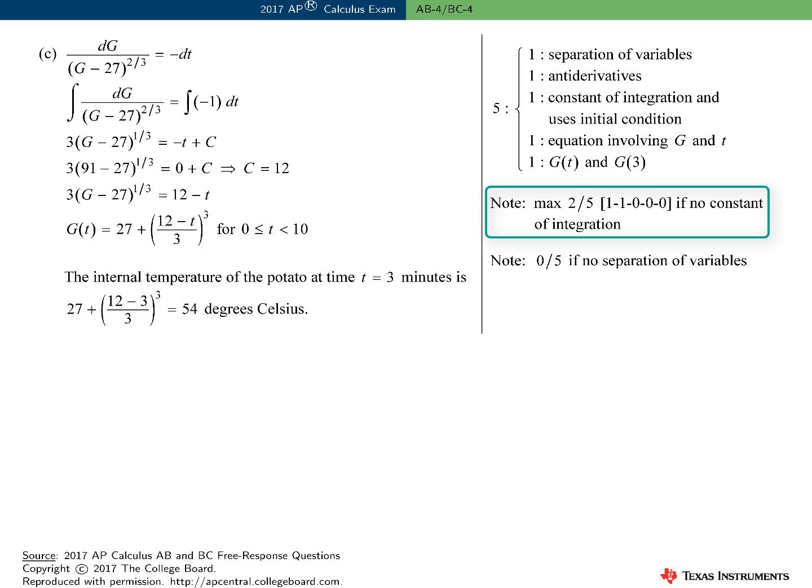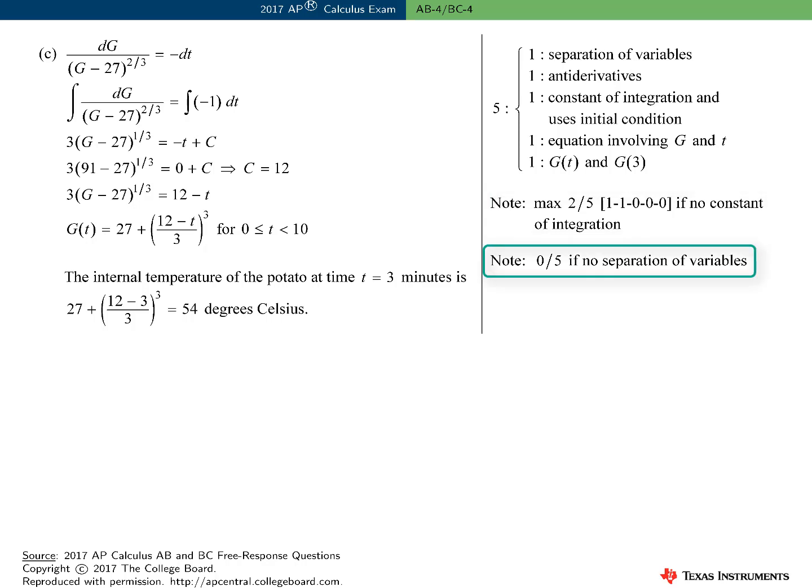Note that the student can earn a maximum of 2 out of 5 points if they don't introduce a constant of integration at the appropriate point. And if there is no evidence of separation of variables, then they cannot earn any points in this part.